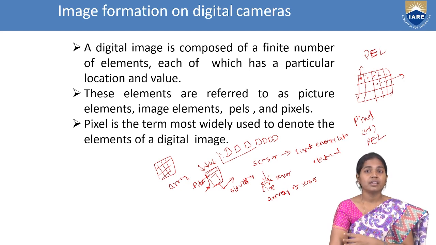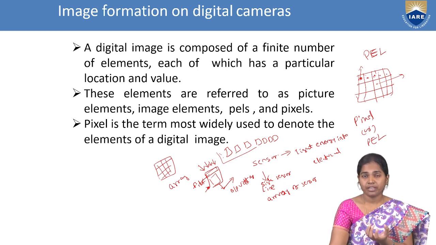And size means, if the aperture is widely open, the focus value is reduced. If the aperture opening size is very small, then the focus value is increased.